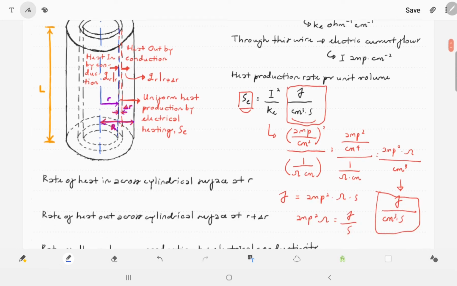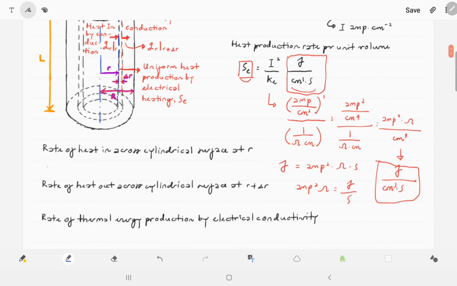We are dealing with the surface where the heat comes in. The surface is the cylindrical surface, so we can put 2 pi r L multiplied by q_r at r. So this equals 2 pi r L q_r at r.